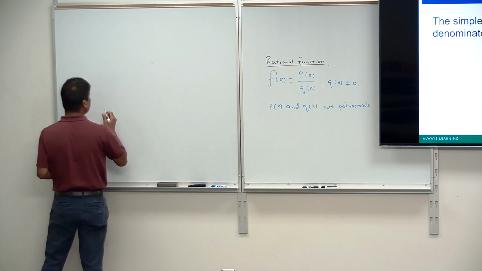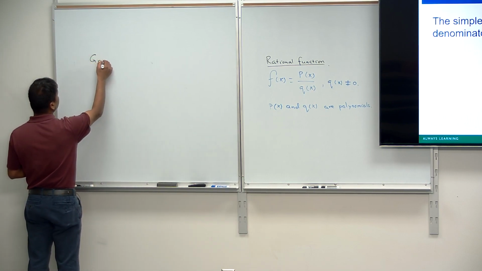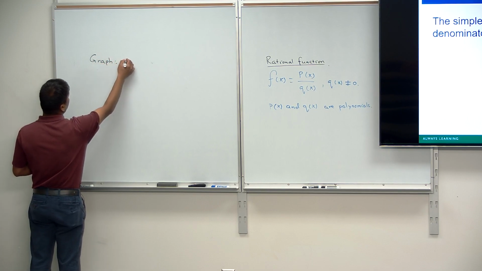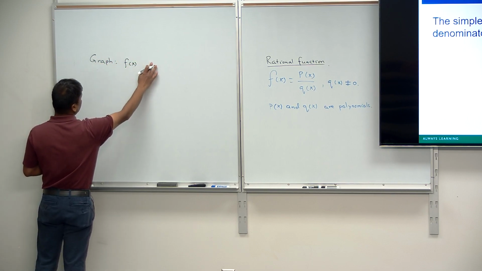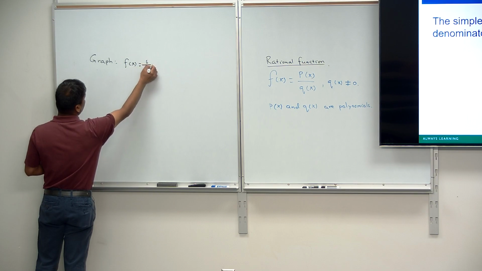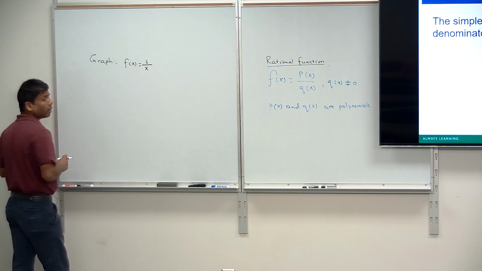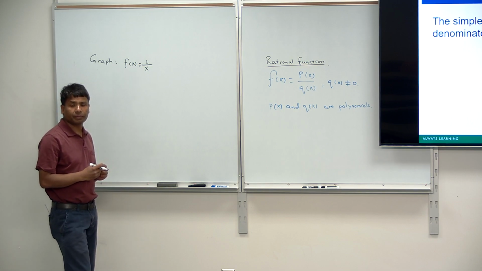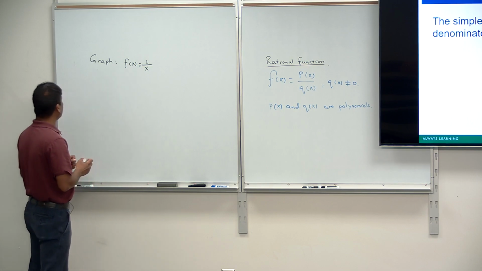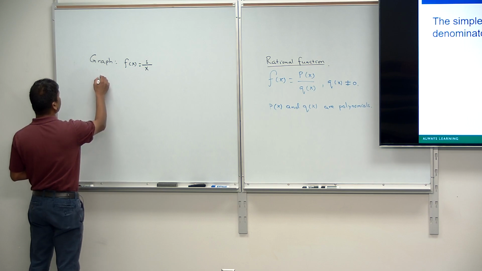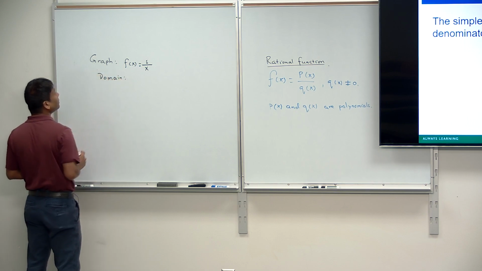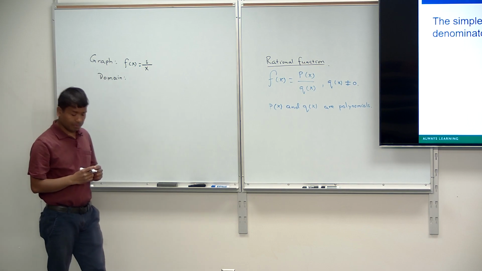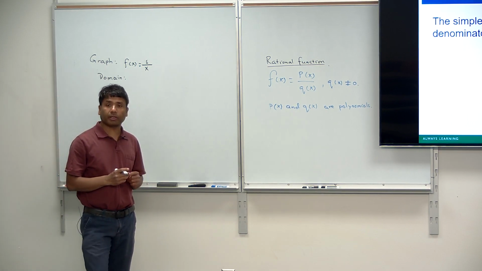we want to graph f(x) equals 1 over x. So what is the domain of this function, guys? How do you find the domain?